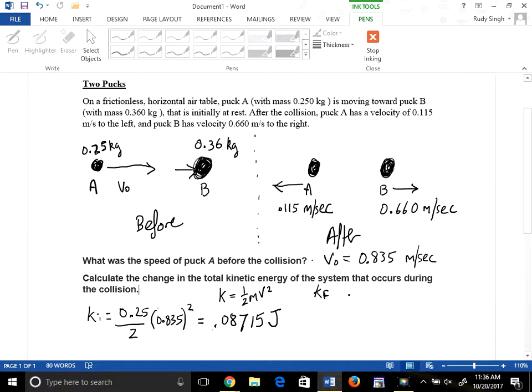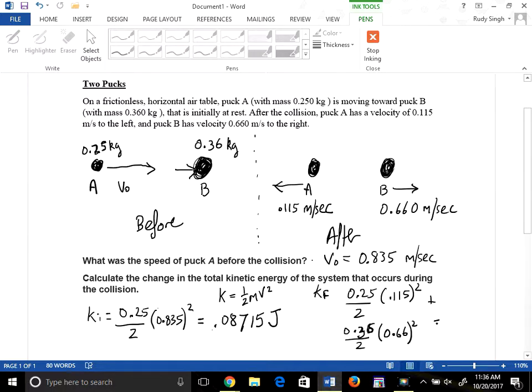So let's see. The kinetic energy of A after the collision is going to be 0.25 over 2, times 0.115 squared. And we're going to add that to the kinetic energy of B, which is its mass, 0.36, over 2, times 0.66 squared.